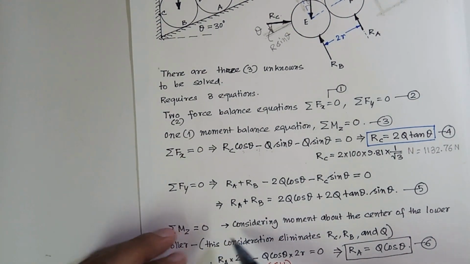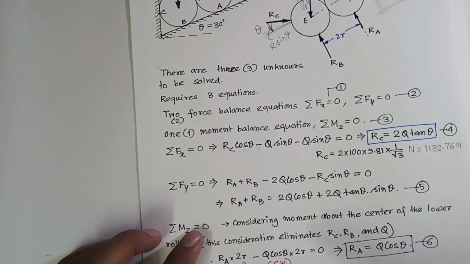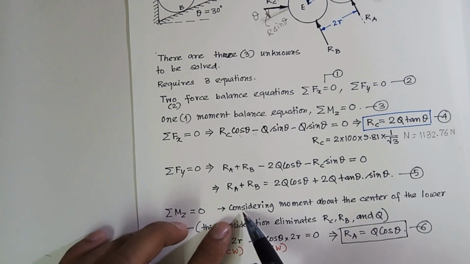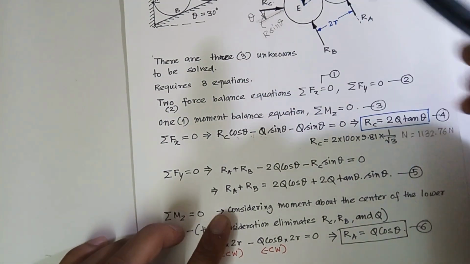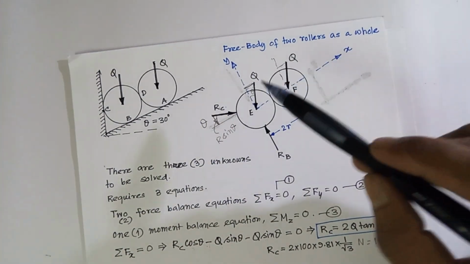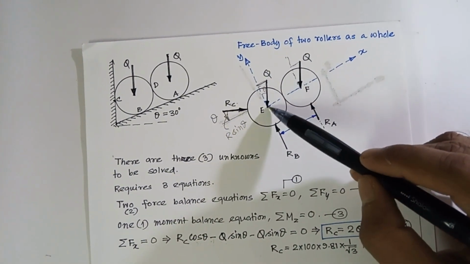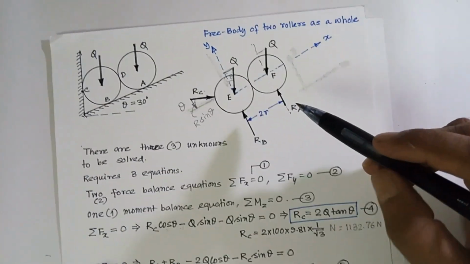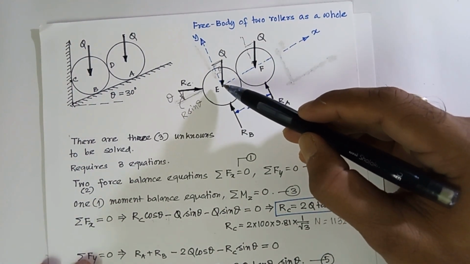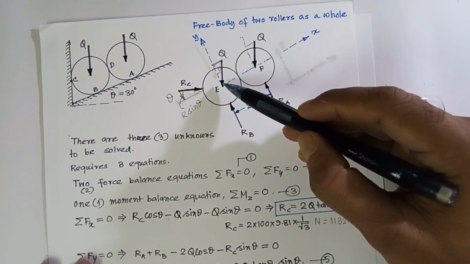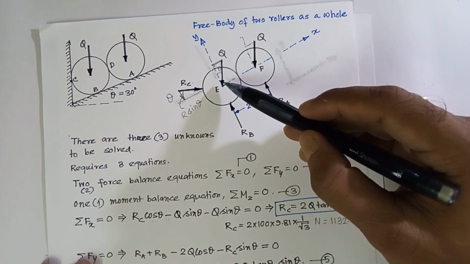Next, the moment equation. Moment equation can be taken about any point, but here we have to understand that the point we choose is one which will eliminate most of the forces, so that the equation can be easily solved.